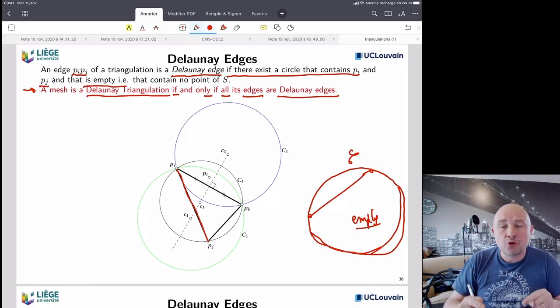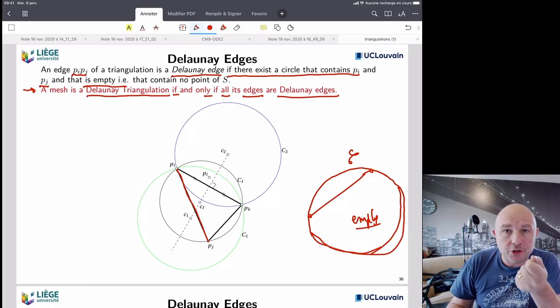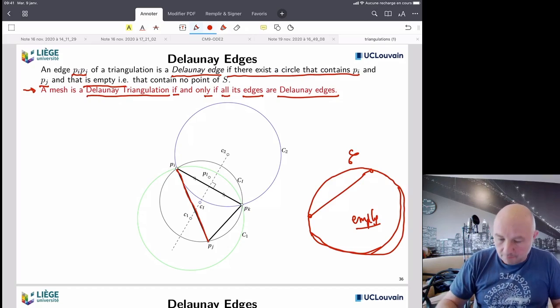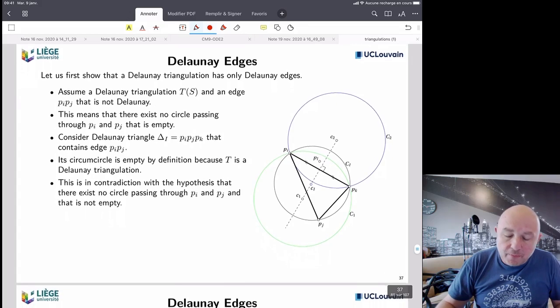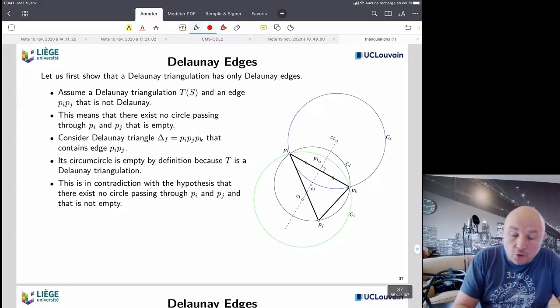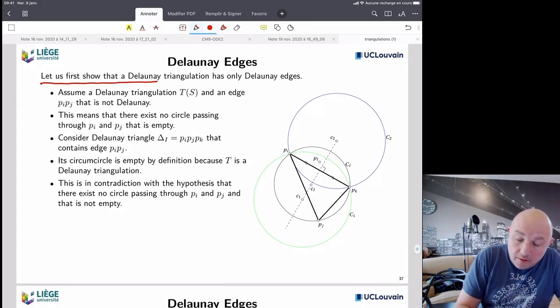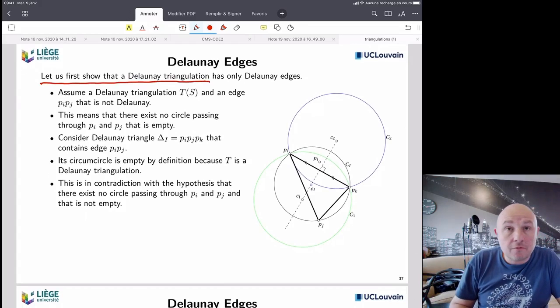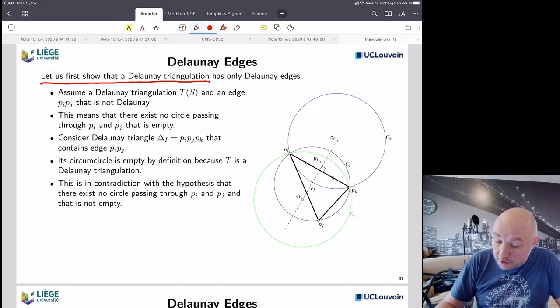And what we are going to show is that a triangulation is Delaunay if and only if it has only Delaunay edges. So the first part of the proof is super easy. Let's assume that we have a Delaunay triangulation.